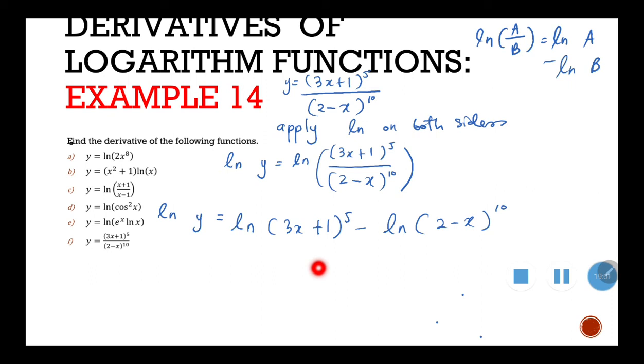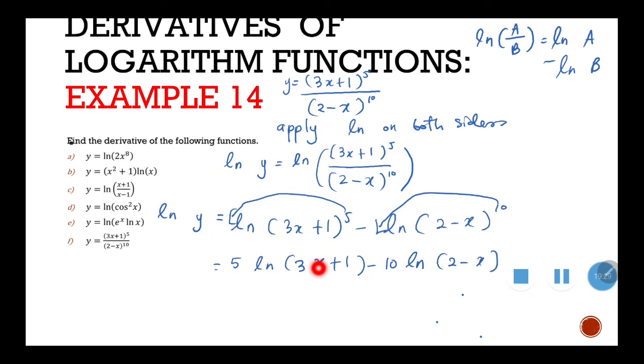Manipulating the ln theory again, 5 can be brought to the front, as well as 10 here. So it should be 5 ln (3x plus 1) minus 10 ln (2 minus x).